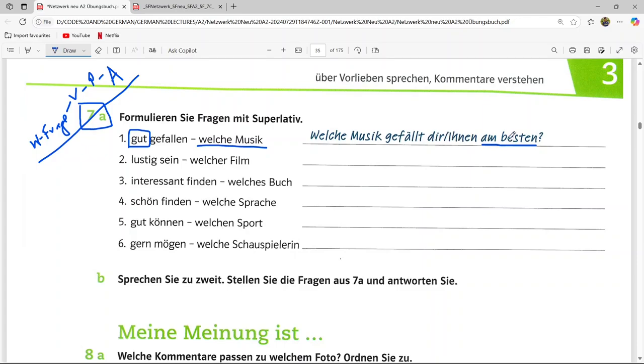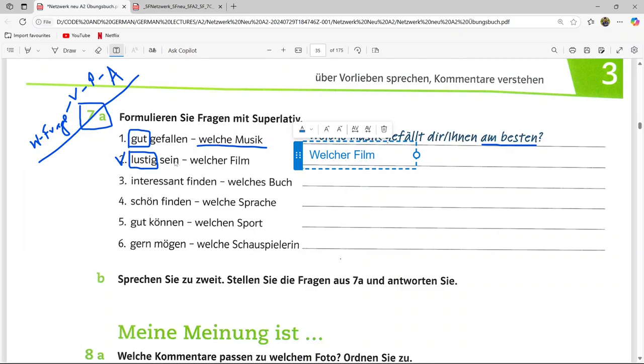Okay, next one, how can we write? Where is the adjective? Adjective is this, lustig. Comparative form of lustig is lustiger, and superlative is am lustigsten. Right. So let us write, welcher Film.